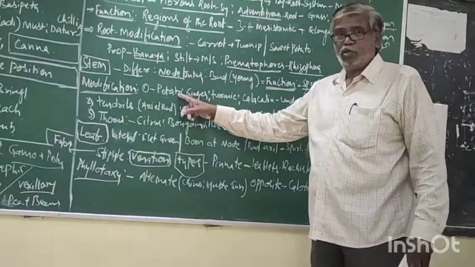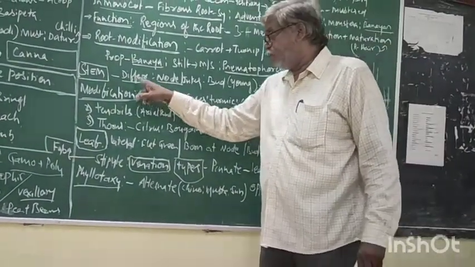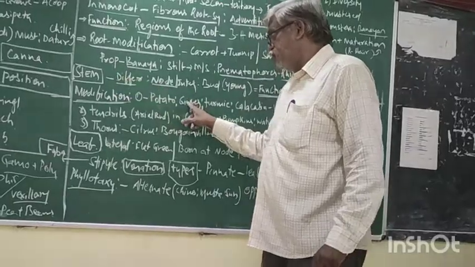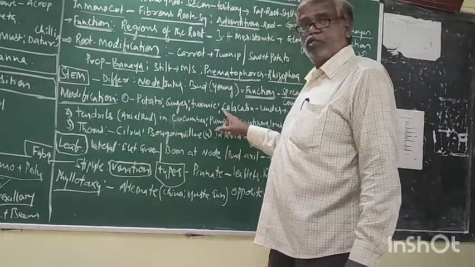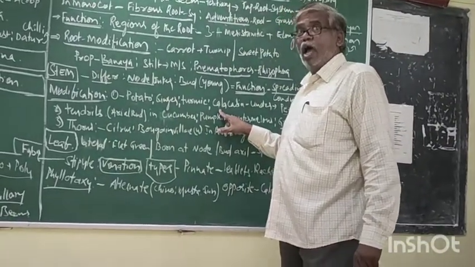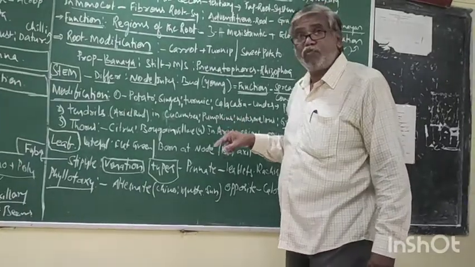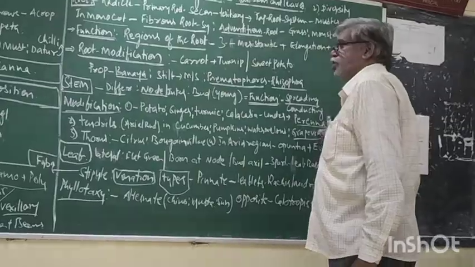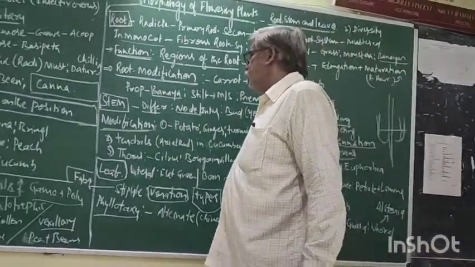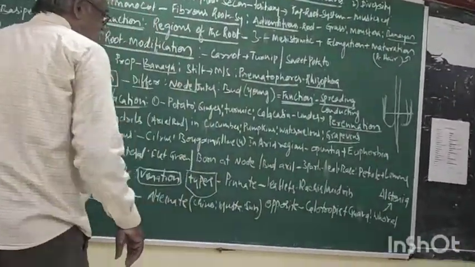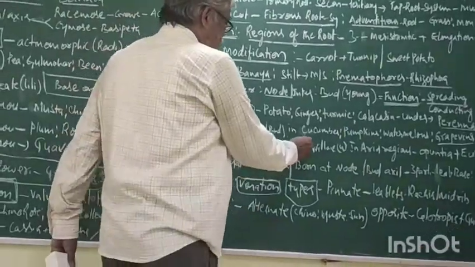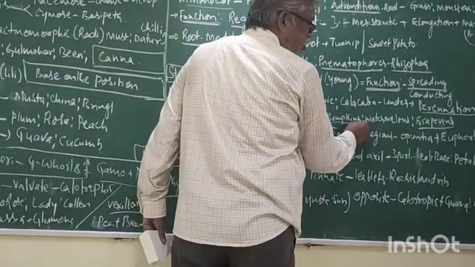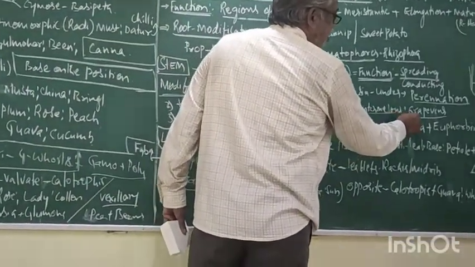Now, stem of potato, stem of ginger, stem of turmeric, stem of calabash is underground. It is modified to store food and also helps in perennation. Now come to cucumber, pumpkin, watermelon, grapevine.